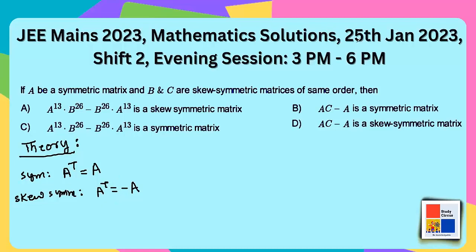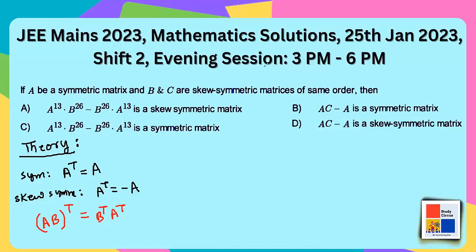Apart from this, we have to know this property: the product of two matrices A and B, the transpose of the whole thing A multiplied by B, is B transpose times A transpose.